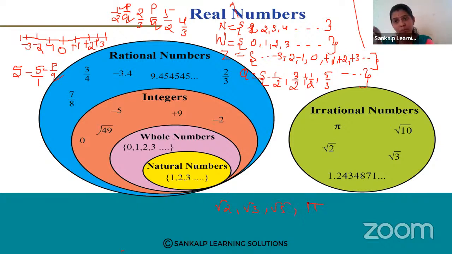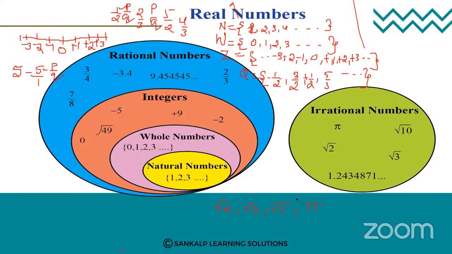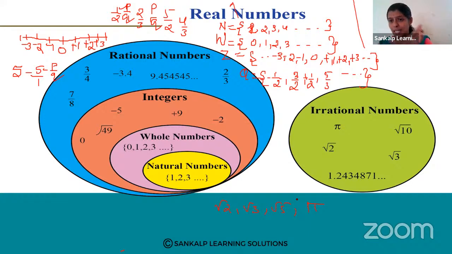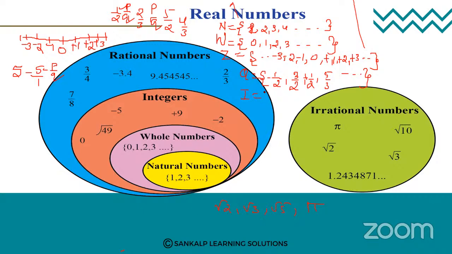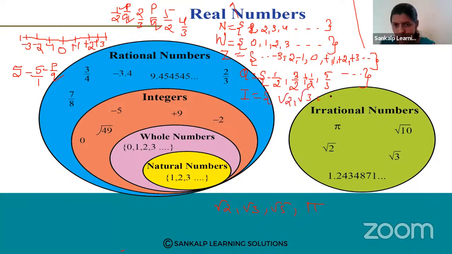So these types of numbers are also there in the number line. Those numbers also need a name. Those numbers are called irrational numbers, denoted by I, or you can say IR. For example, root 2, root 3, and so on.